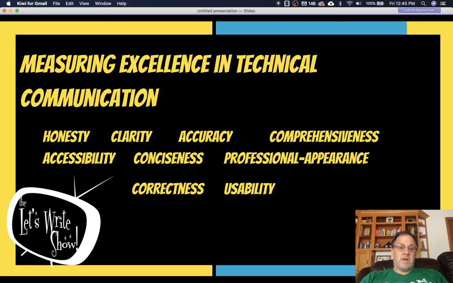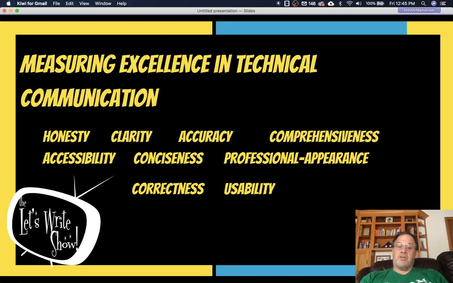Okay. And so finally, we have these elements of excellence in technical communication. Honesty: when you have these chemicals at the oil refinery, are you honestly talking about where they've been and where they're going, right?